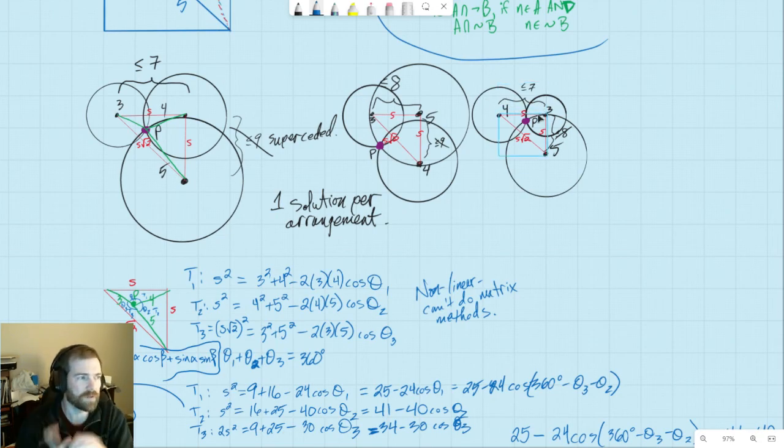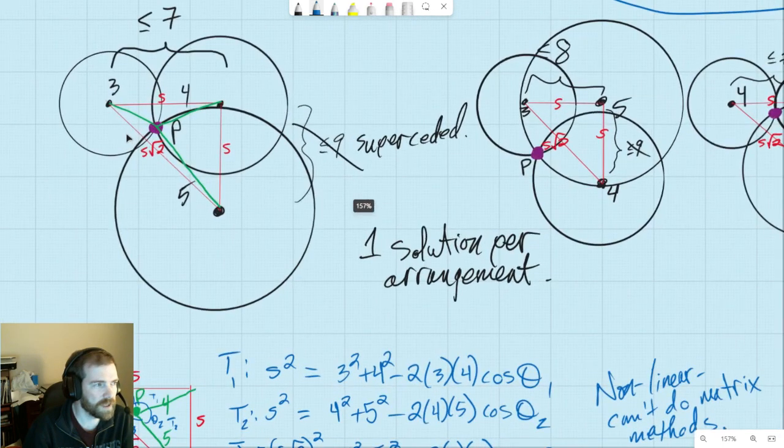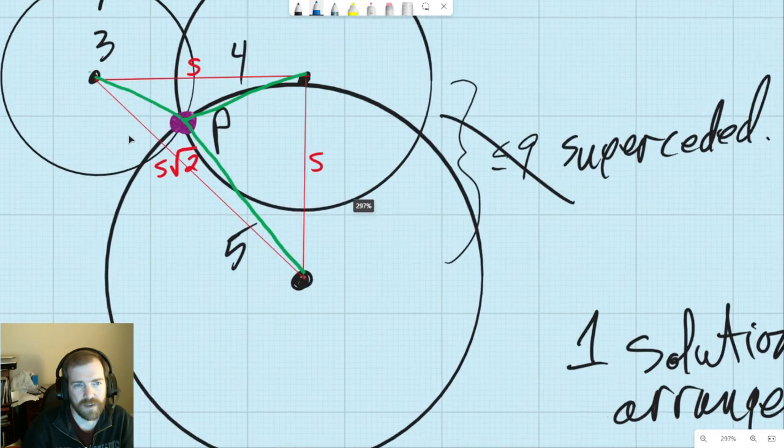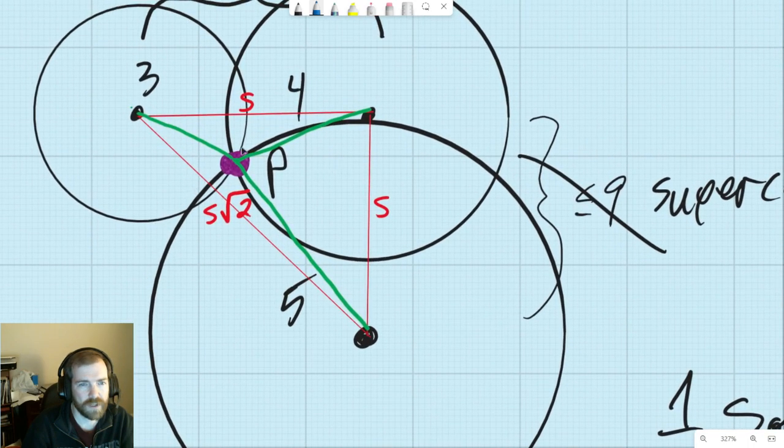So based on one of those three, we're going to have some arrangement that's going to fit with this stuff. And based on the fact that each of the circle pairs will end up going through 2 points together, right? So they each have 2 points that they cross at.